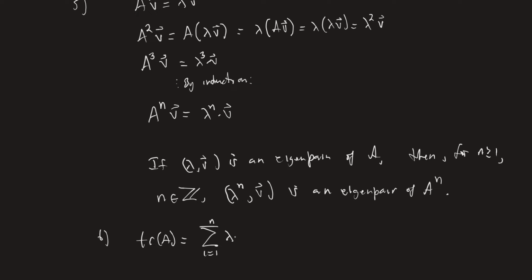So the determinant is given by the product of the eigenvalues, and the trace is given by the sum, right? And if you look at the 2x2 case, which we developed in a couple videos previously, you would see that relationship here. But this extends to not just the 2x2, all right?